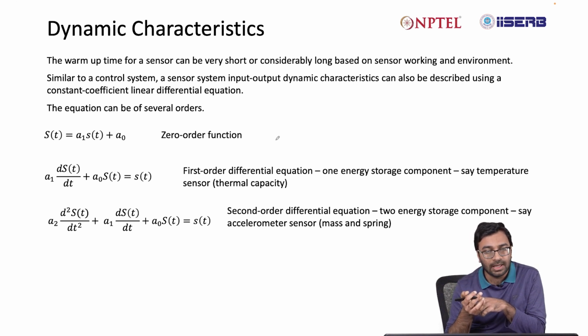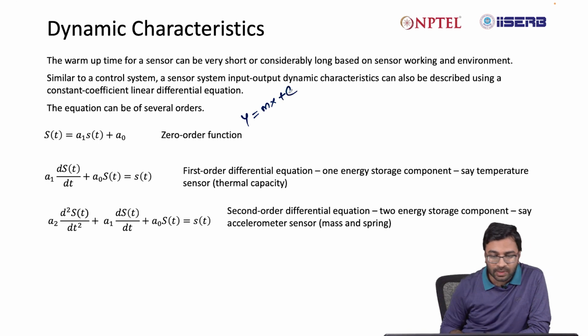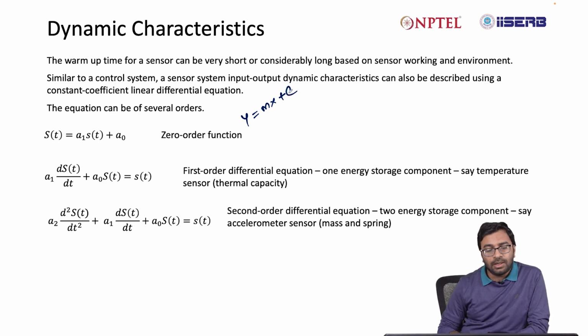So what I mean by that, maybe the dynamic characteristics is also linear, that is y equal to mx plus c, right? But in certain cases you will find the order of that function is even higher, maybe first order equation, second order equation. If the system is complex, then it can also be third and fourth order equation.